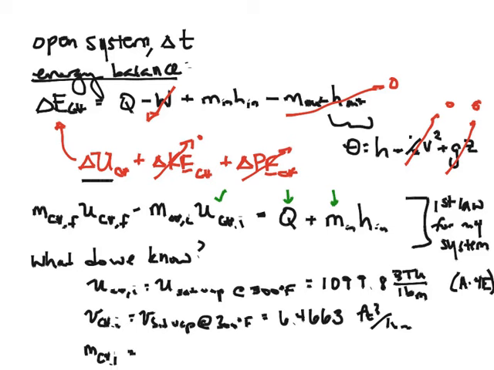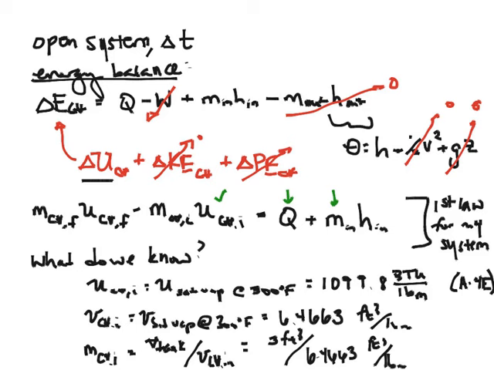Okay, and I'm going to find that using the volume of the tank, which I know, and that specific volume of the steam that I just found. So that's going to be 3 cubic feet, the volume of the tank, over the 6.4663 cubic feet per pound mass that I just found from my specific volume.